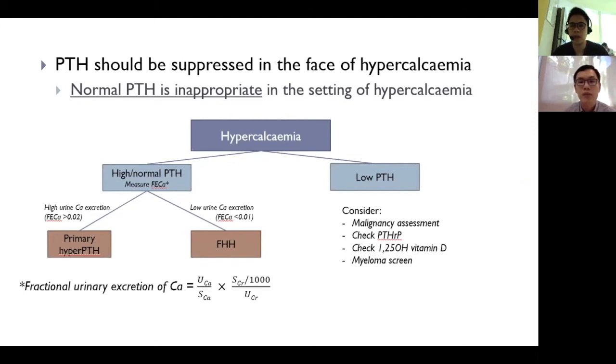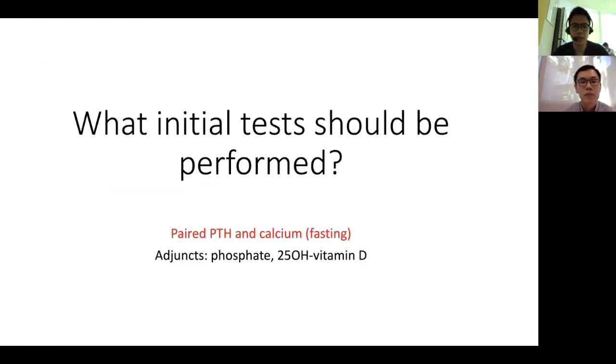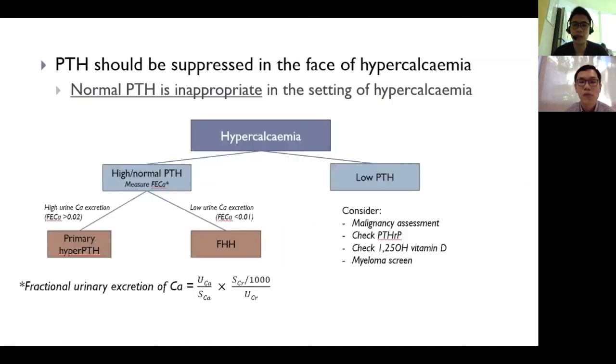Okay. You also mentioned in the previous slide adjuncts of phosphate as well as vitamin D. I have a question about phosphate, because we know that phosphate is often low if the process is driven by a PTH-mediated process. But how commonly do we see this? If it's a PTH-mediated hypercalcemia, how frequently is the phosphate low versus just being normal?